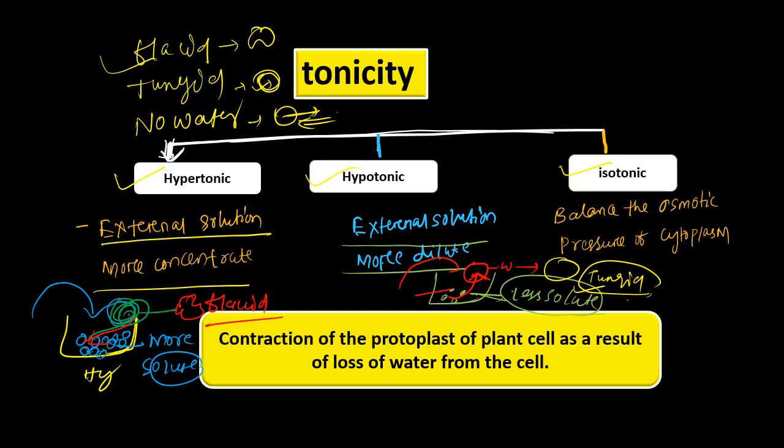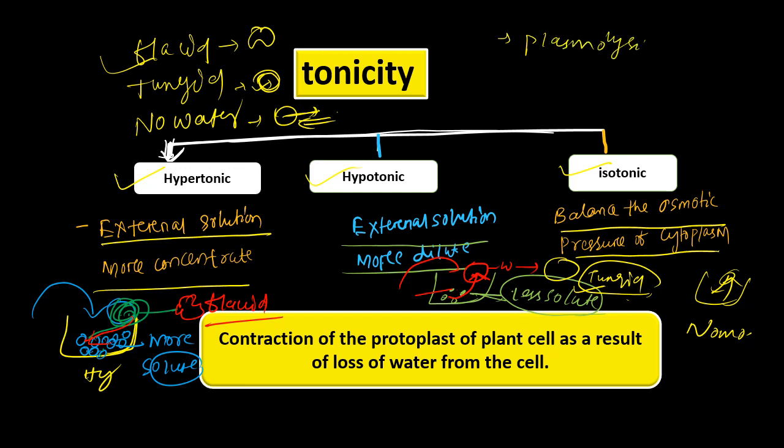Next, isotonic. Here there is no transport from outside and no transport from inside, so the osmotic pressure of the cytoplasm is balanced. No movement here. Next two concepts: one is called plasmolysis and the other deplasmolysis. What is plasmolysis?